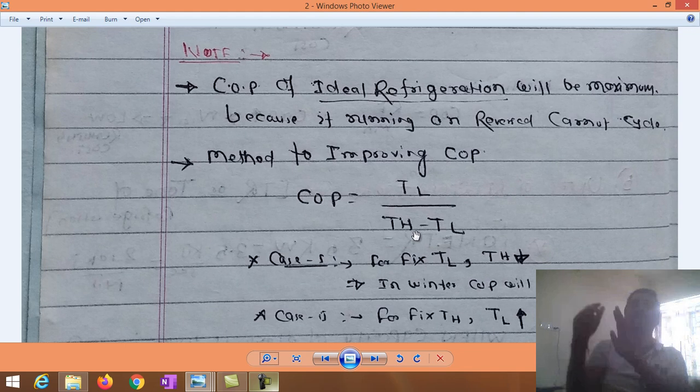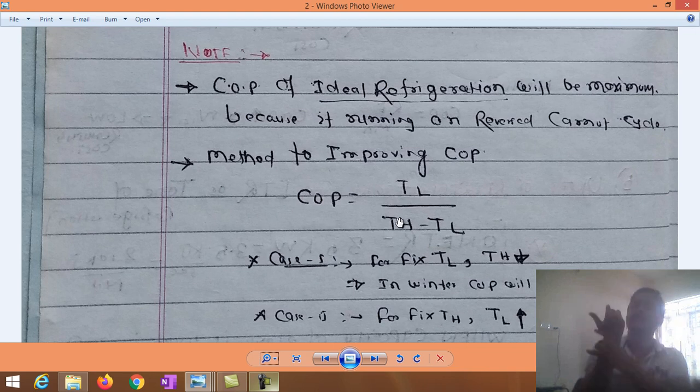In this condition, with respect to summer, if higher temperature is low in winter, what will happen? COP will be more. Therefore, it can be said that in winter, COP will be maximum. COP will be more with respect to summer, because in summer this TH will be higher.